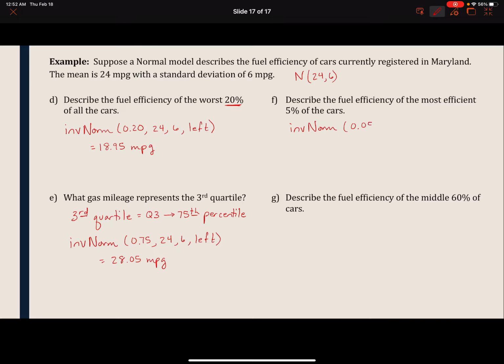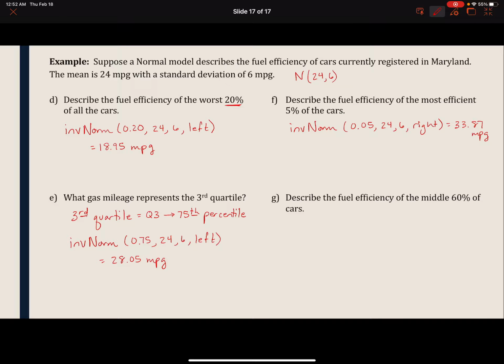Remember to write this as a decimal, 0.05, with a mean of 24 and a standard deviation of 6, and you're going to choose right. And you will get 33.87 miles per gallon. So we know that the most efficient 5% of cars will have a fuel efficiency of 33.87 miles per gallon or better.